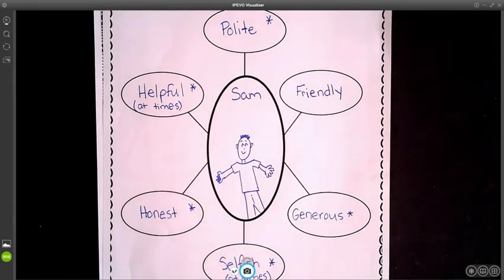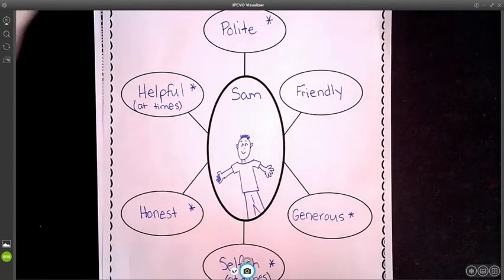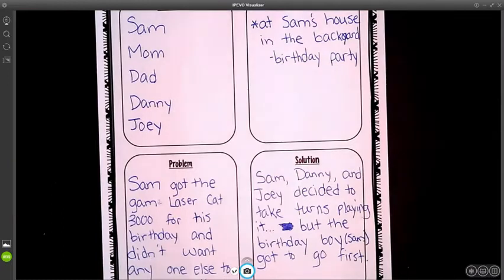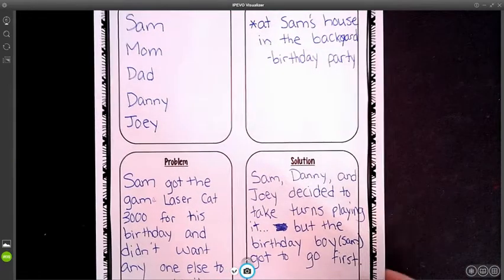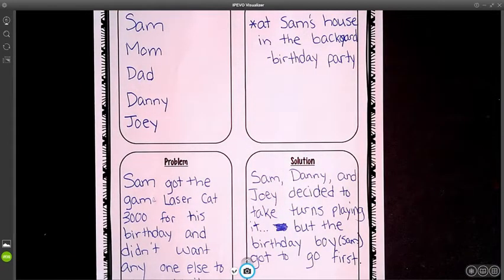In my example today, I'm going to use my character organizer with Sam and my realistic fiction planning paper to start my story. Now, you'll notice today I start my introduction and then I also start part of the middle. I'm talking about my setting, some character details, and I'm starting to introduce the problem. I stretch out my story and I also add some thoughts and feelings that Sam might have.